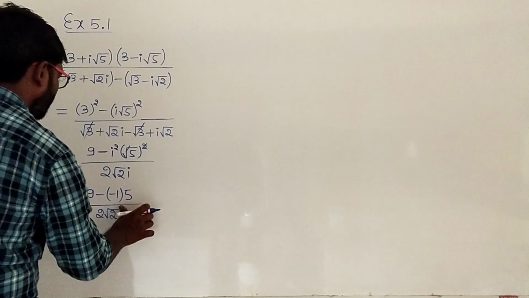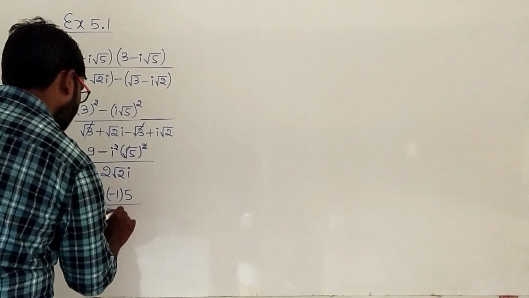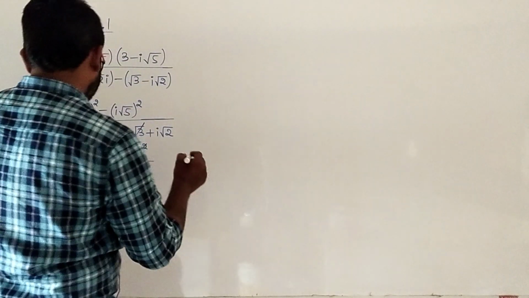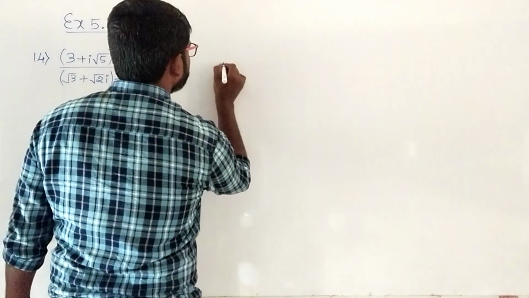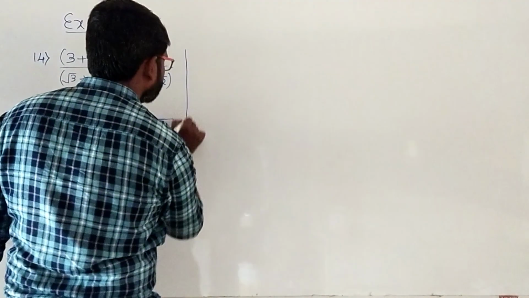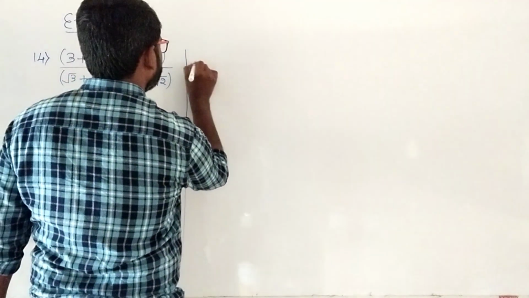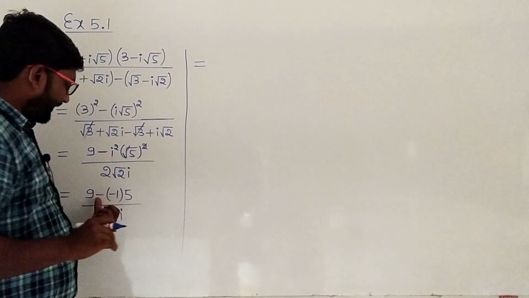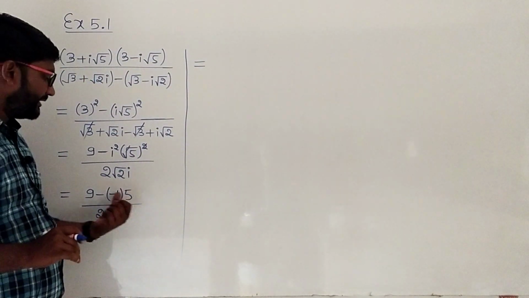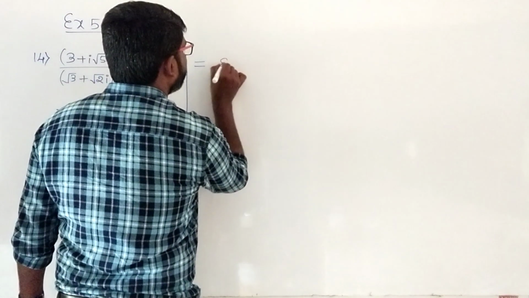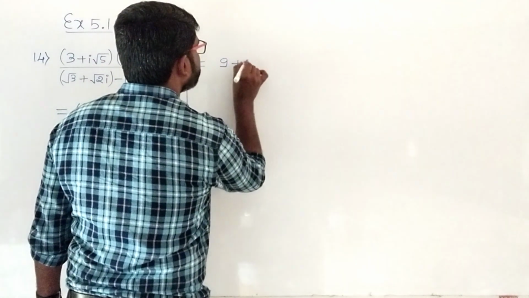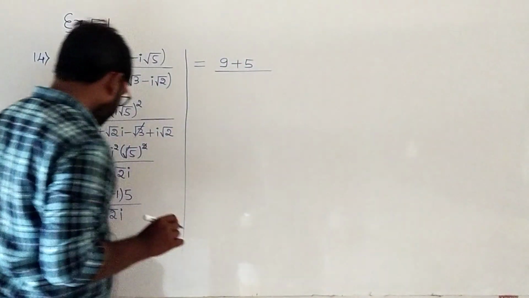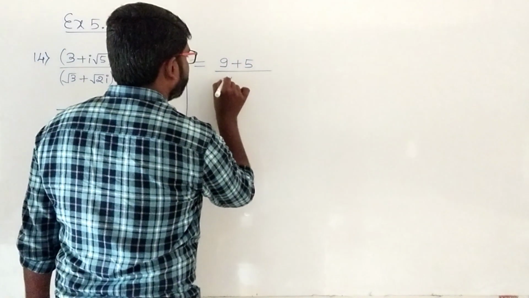Now minus into minus is plus, 5 into 1 is 5, and 9 plus 5 gives the numerator, 9 plus 5 divided by 2 root 2i.